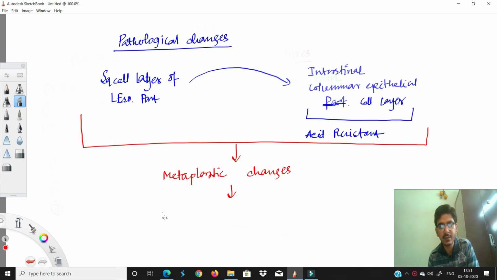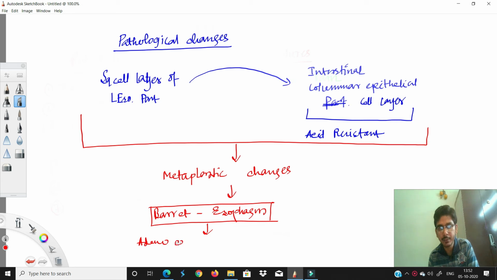This type of esophagus is known as Barrett esophagus. This Barrett esophagus is responsible for formation of adenocarcinoma. So, if you have gastroesophageal reflux disorder, then you should take immediate treatment.